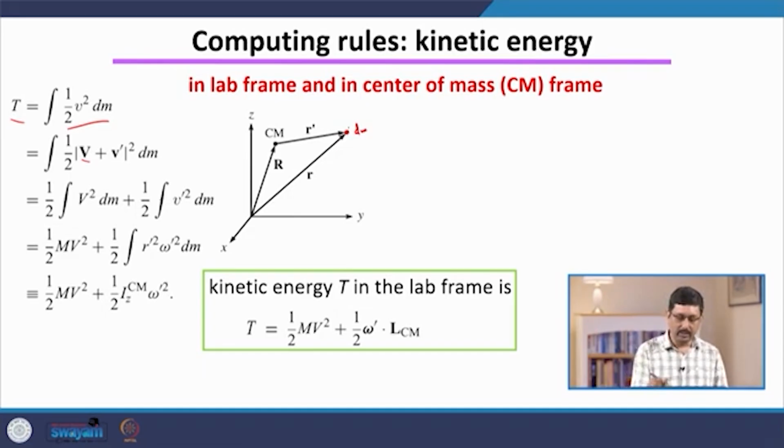Now, this v has two pieces. So, this is the v, the first piece comes. So, r from this picture is r plus r prime.